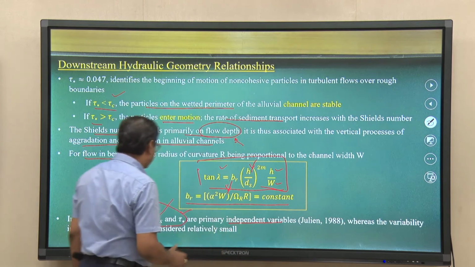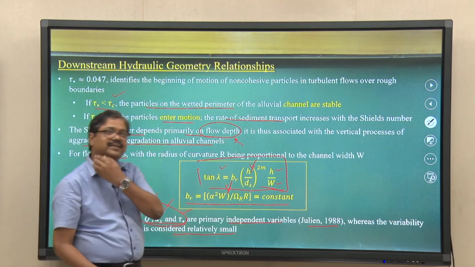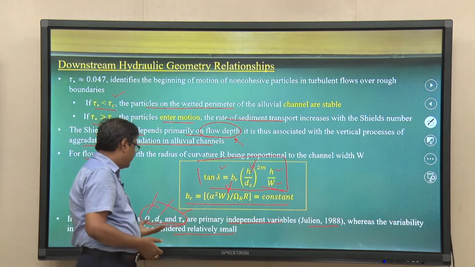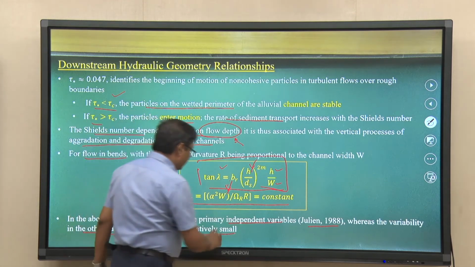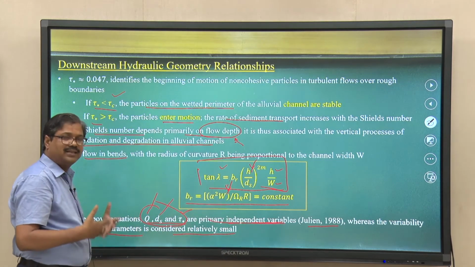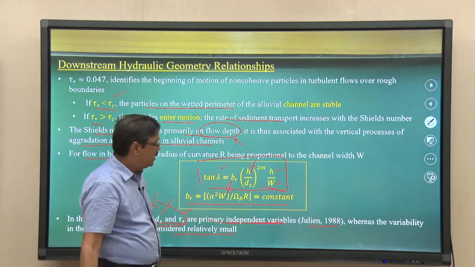So, these three are considered independent variables, and Julien in 1988 established that the variability of the other parameters is relatively small. That is their data analysis and data mining concept. These three are the primary independent variables for establishing relations with the dependent variables.